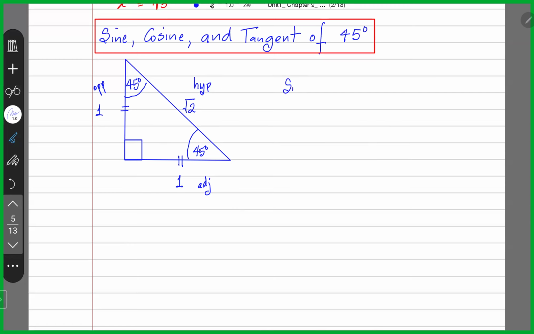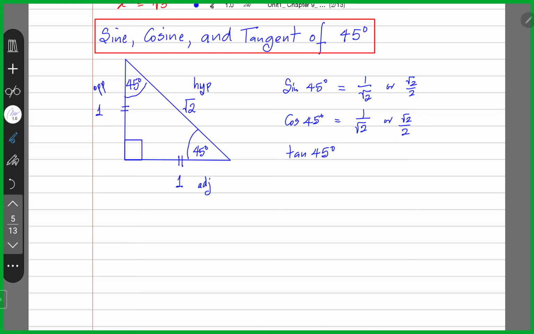So we have the sine of 45 degrees, the cosine of 45 degrees, the tangent of 45 degrees. Sine is opposite over hypotenuse, so it's 1 over root 2, or root 2 over 2. The cosine of 45 degrees is also 1 over root 2, or root 2 over 2.